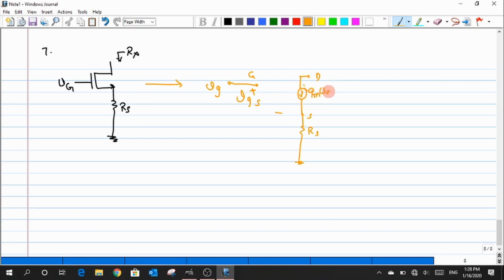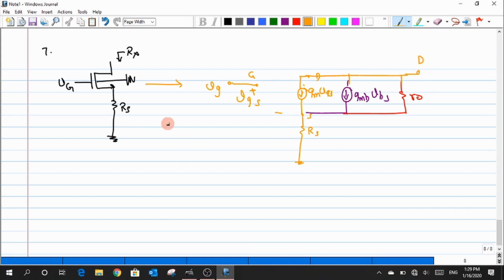We also have to worry about the body effect. The body effect will follow the same polarity as my Vgs, so I draw the current direction of that, gmb Vbs, and one more thing left over is this r0, and all of these nodes are connected to my drain.